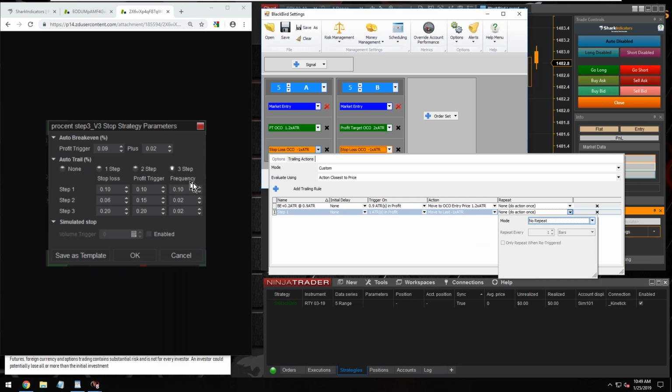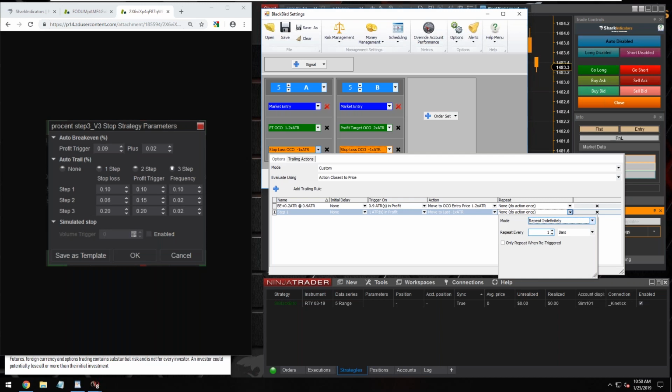So the frequency is another way of saying how often does your trailing roll repeat itself. All right, so let's set the repeat, we'll just set this to indefinitely. We could even use a repeat until, but indefinitely is just a little easier to set up.